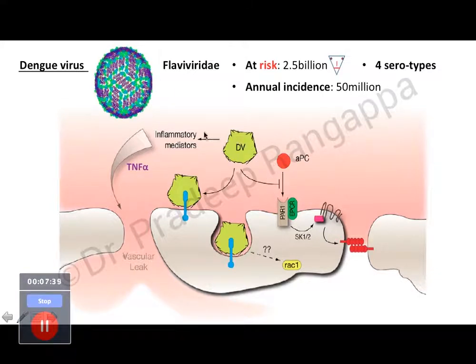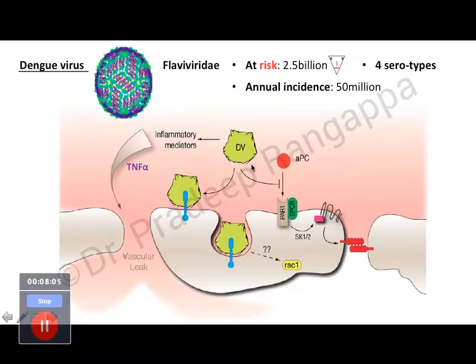Dengue virus produces inflammatory mediators like tumor necrosis factor alpha, which typically leads to paracellular or intracellular leakage at the endothelial level. There is a loss of integrity of the endothelium, and leakage of fluid happens.